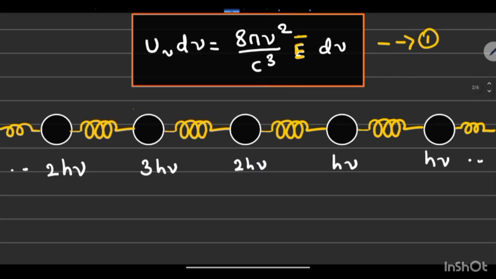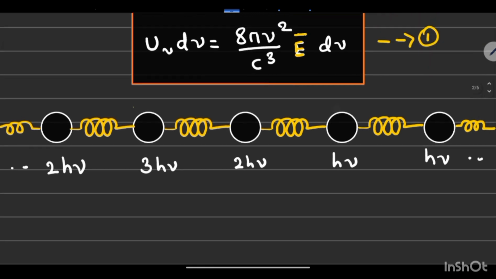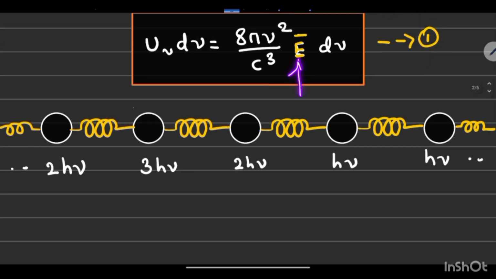As we know, this cavity wall contains large collections of oscillators, each having different frequency, so they will have different energy. Now how to find the average energy that is sitting here in this expression? The question is how to find the average energy of the oscillator, E bar.